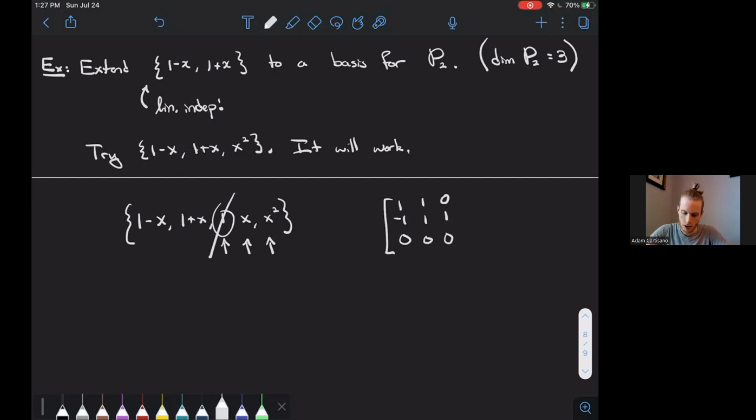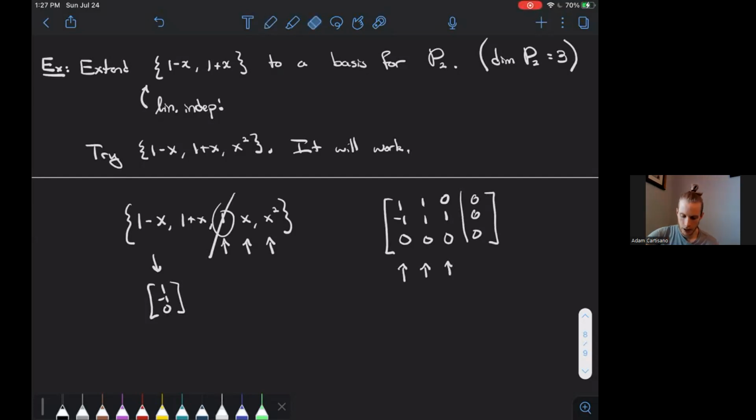Look at that row of zeros. But notice, where did I get this matrix from? I guess I should be augmenting with the 0 matrix just to be careful. I'm sending this thing over to vectors in R3, so 1, -1, 0, where the vector in R3 corresponds to its coefficients with respect to the standard basis for P2, right?